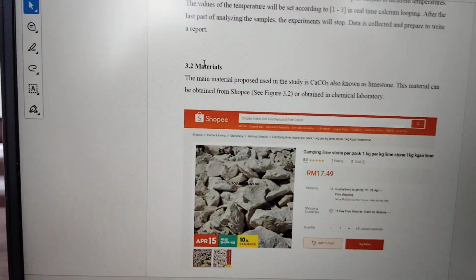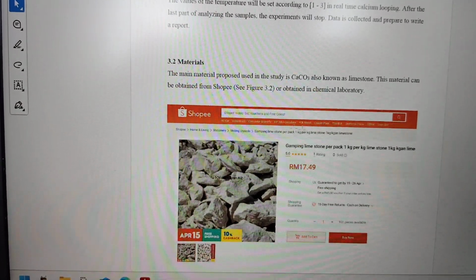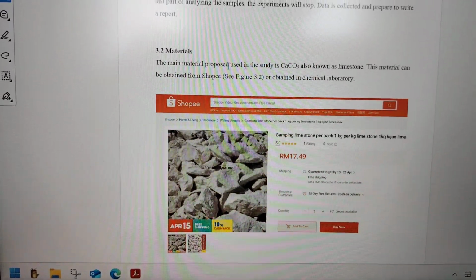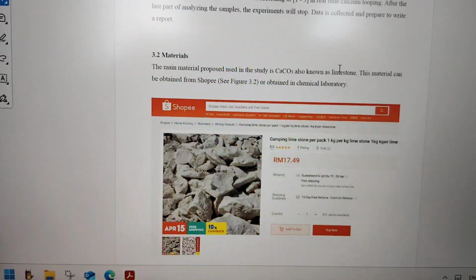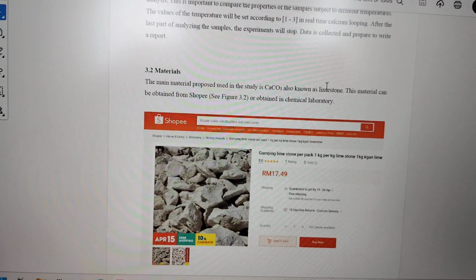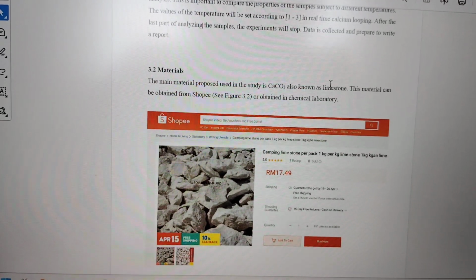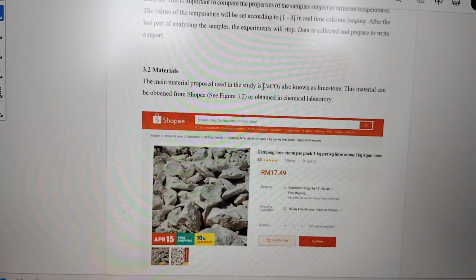I don't know how you get the calcium carbonate, but I saw it on Shopee sale. If I buy this one for you to do the experiment, then one thing you have to know is that you already skip one of the reactors, the carbonator reactor, because the carbonator reactor is used to form the calcium carbonate.